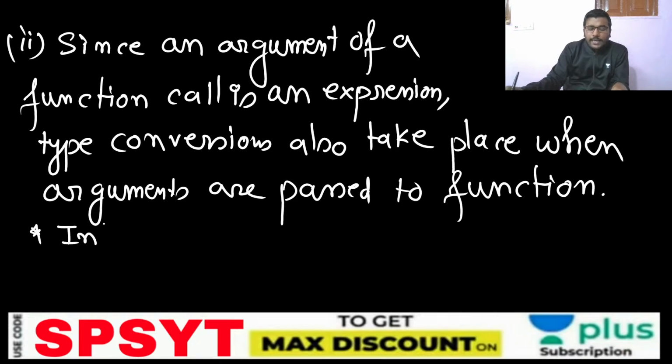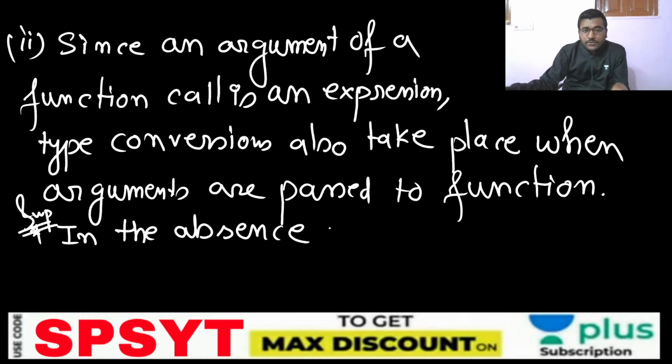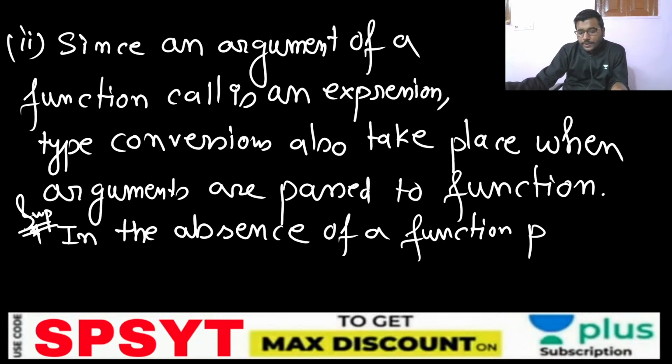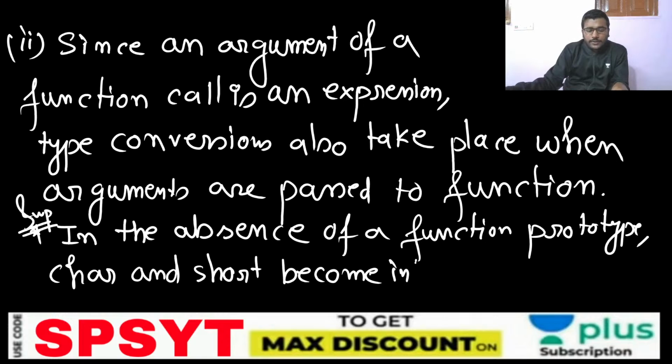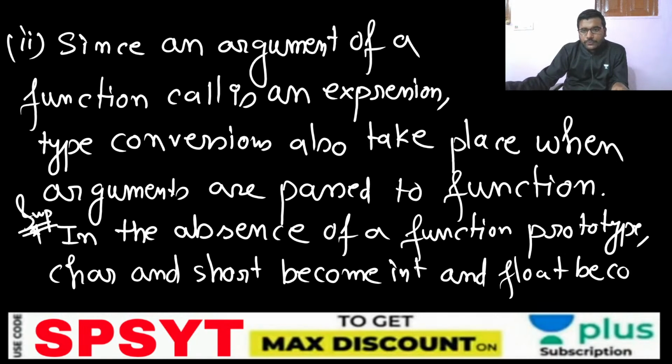So in the absence of a function prototype, if you have not given a function prototype, it is important, in the absence of a function prototype, char and short become int, and float becomes double.